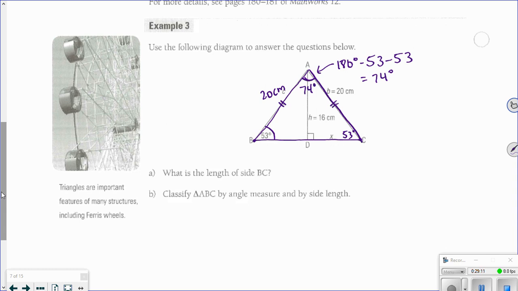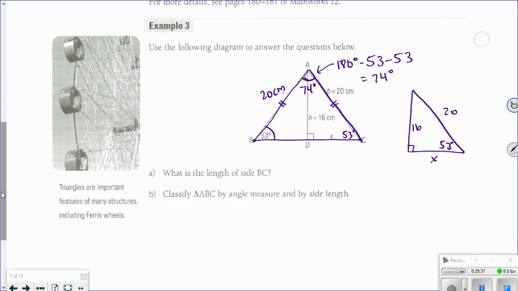I can use my big triangle, and I can use my sine or cosine law to find side BC. Or if I don't like my sine and cosine law, I can think of this as 2 little triangles, where this side is x, this is 16, this is 20, this is 53 degrees.